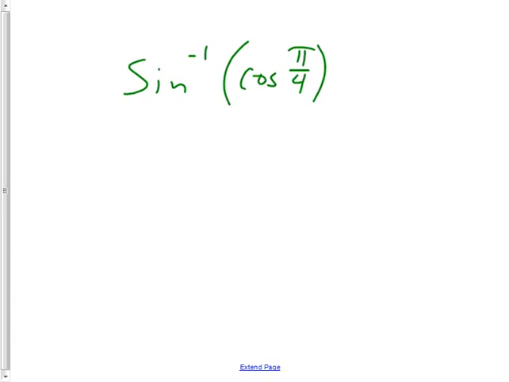Did we just do that one? I'm sorry. Okay, I got a different one for you. I'm wrong. Sorry. Okay, try a different one. Sine of inverse tangent of -1.